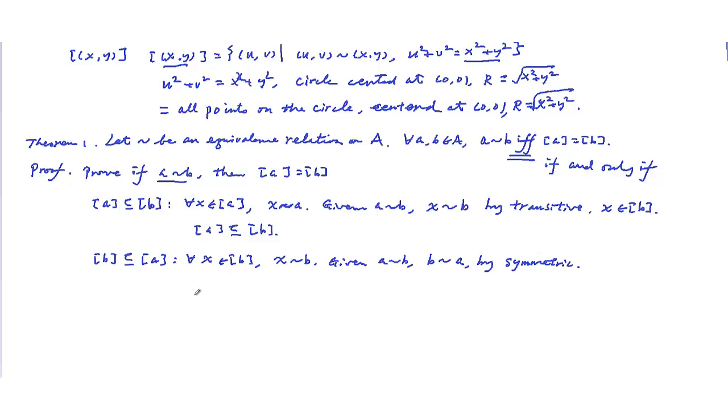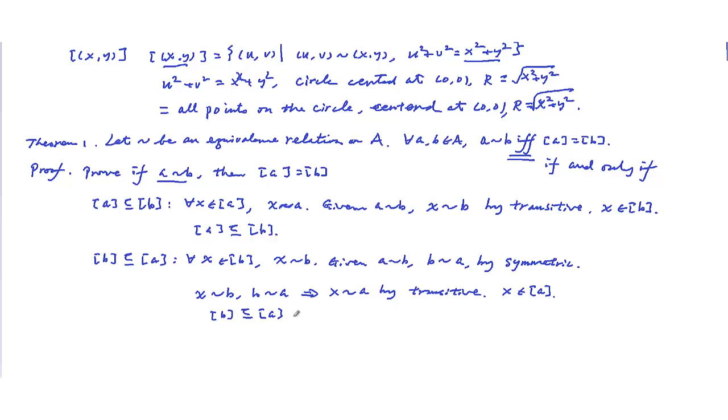Now we have x is related to b, b is related to a, so we get x is related to a by transitivity, because an equivalence relation is transitive. So x is related to a, that means x is in class a, which is the equivalence class definition. So now x is in class b, we get x is in class a. Therefore, class b is a subset of class a.